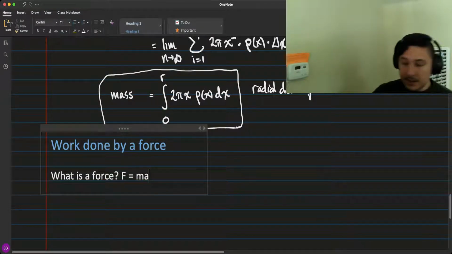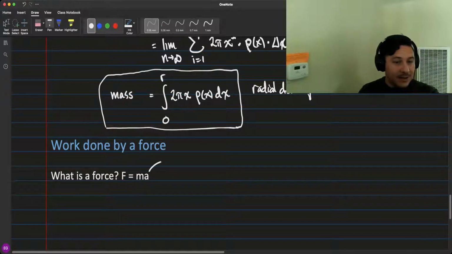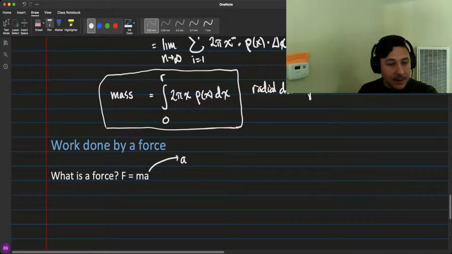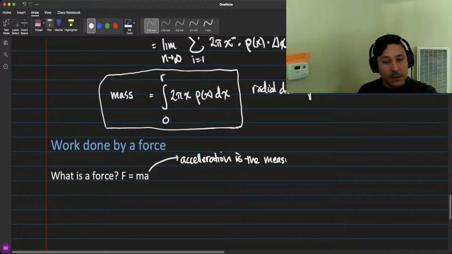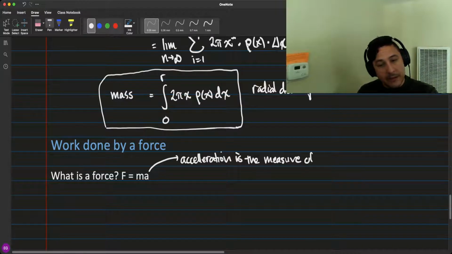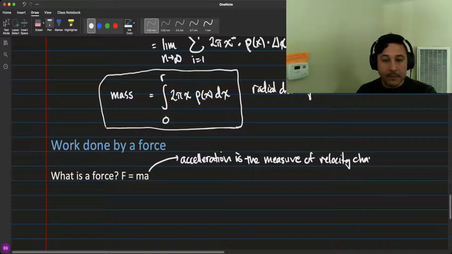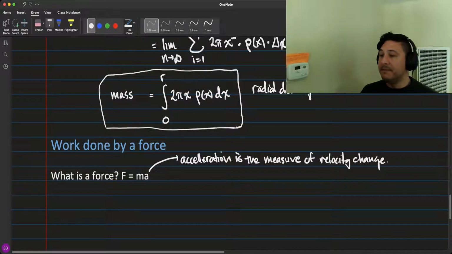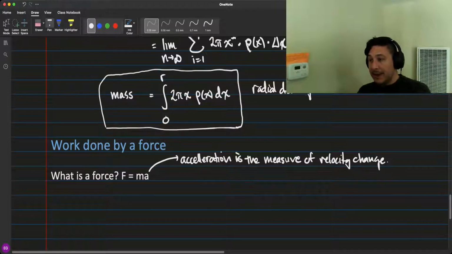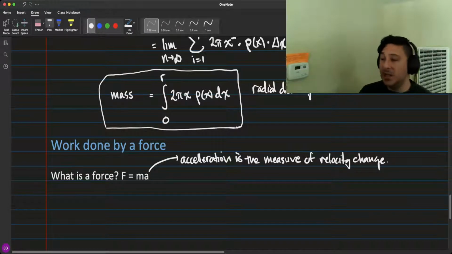So acceleration is something which changes the velocity. Acceleration is the measure of velocity change. Remember how velocity is the change in displacement? Likewise, acceleration is the change in velocity.